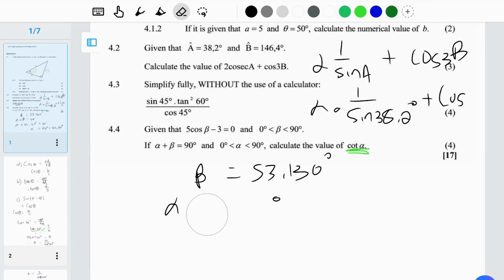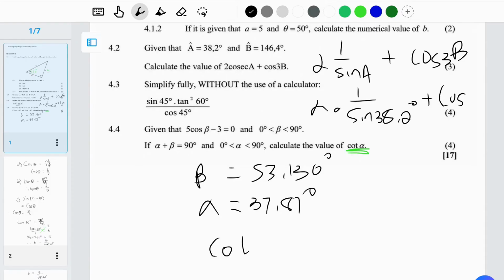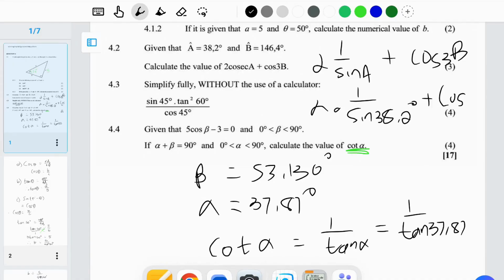So let's take that out. We know that alpha is 36.87 degrees. Now we can find cot alpha. Cot alpha is equal to 1 over tan alpha, which is the inverse of tan. So we say this equals 1 over tan 36.87. Let's go back to our calculators.